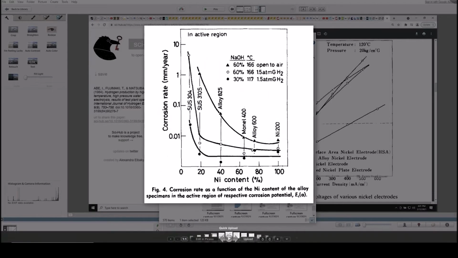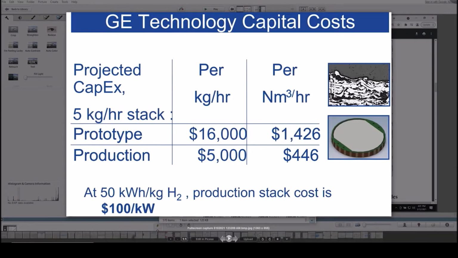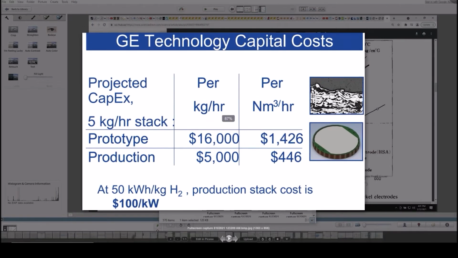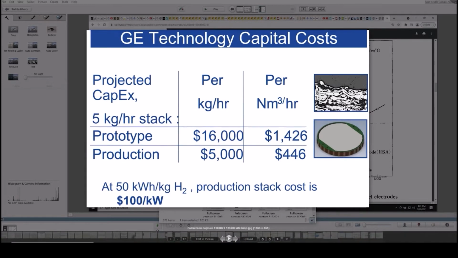So starting off, I want to talk about what the current estimates are for the exact cost breakdown of one of these systems. As you can see here, GE estimated that one could produce a generator of this type for around $100 a kilowatt.